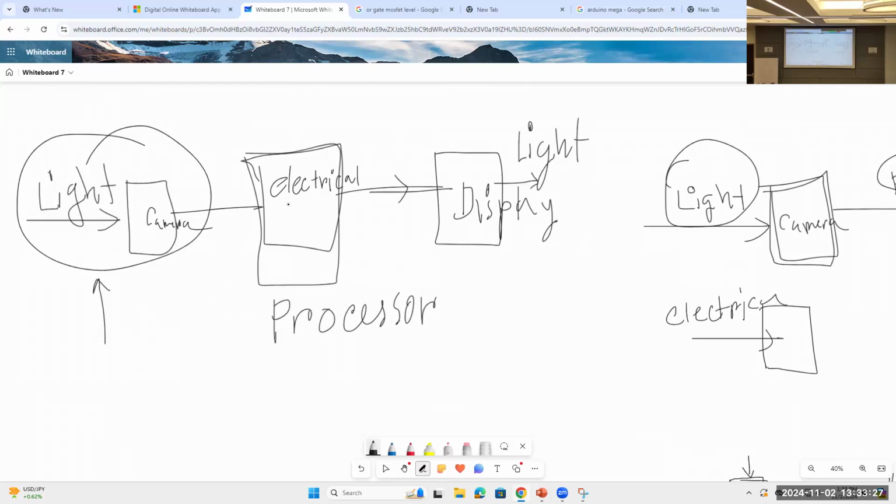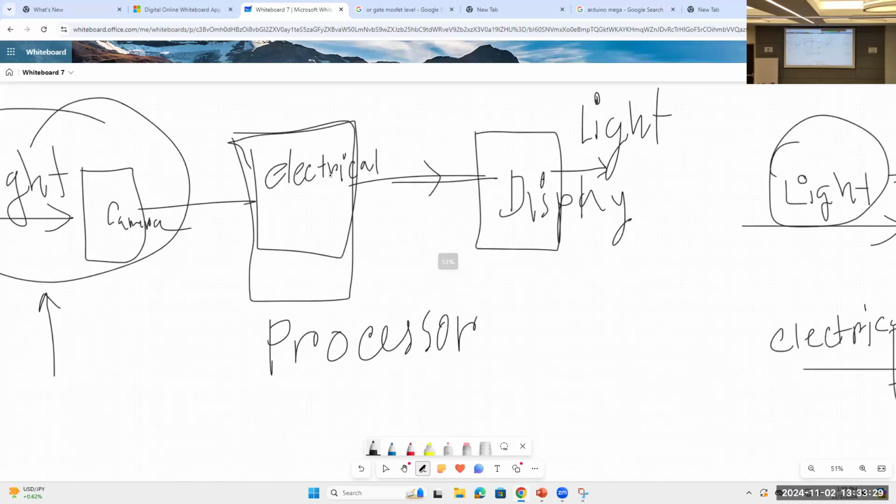You can question why electrical signals. Because the processor deals with electrical signals, bits or bytes. And why not other signals? Because you can control electrical circuits. Electrical circuits can go down to the nanoscale level. Any other signal, any mechanical signal, cannot.